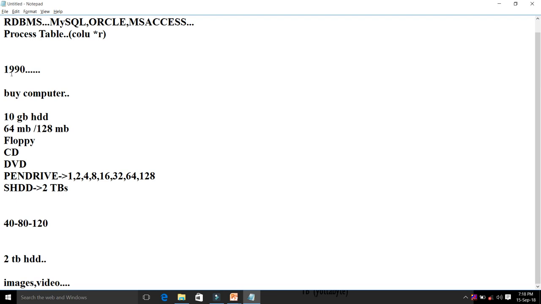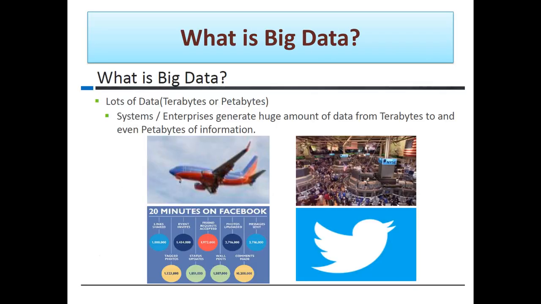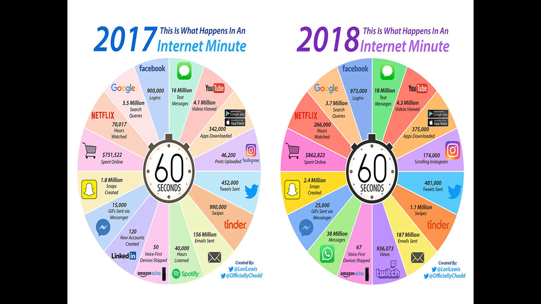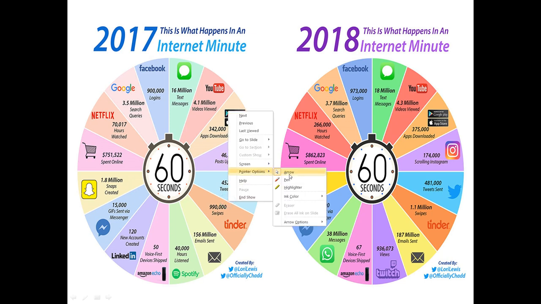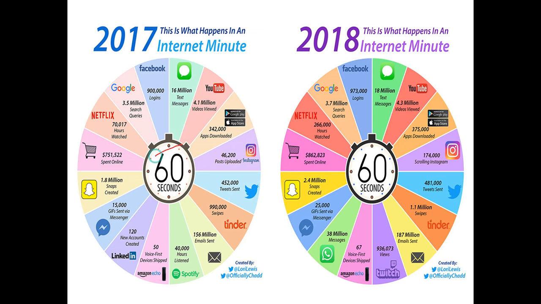Let me show one example. This is a figure of how much data is generated on the internet within a minute, within 60 seconds, between 2017 and 2018, within 9 months.